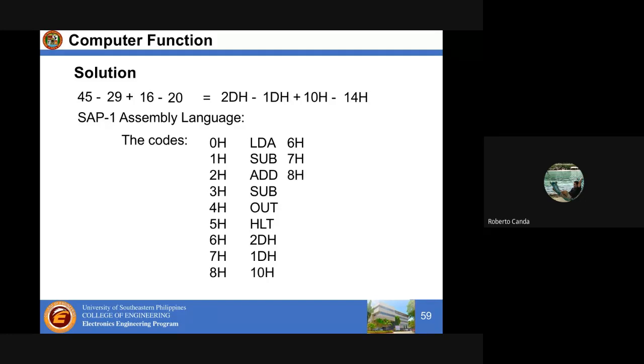We have 8H for your 10H, or 16, which is for the add instruction. And the last one is the 14H, or 20, which belongs to the sub opcode and is located at 9H.